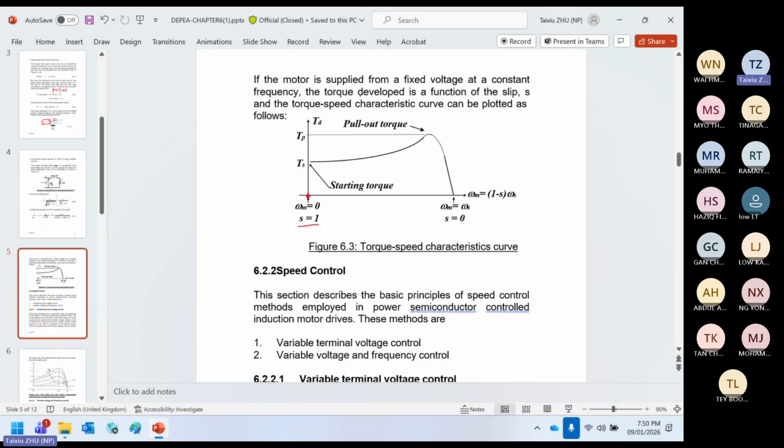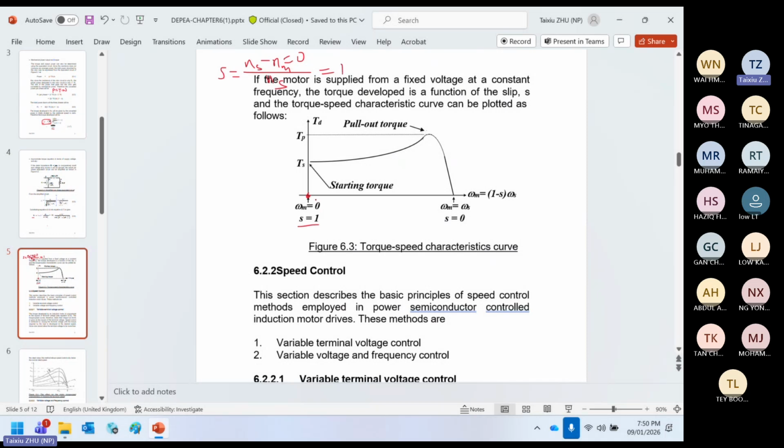Let's see why. Remember your slip is equal to ns minus nm divided by ns. When the motor is not running, nm is 0. So this ns over ns is 1. So that means the motor is not running.